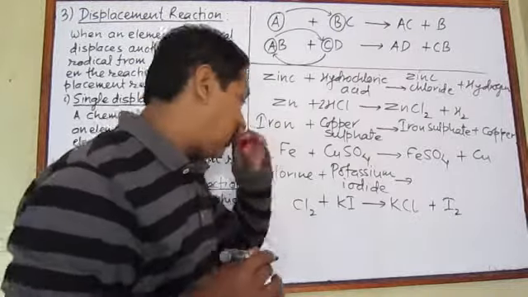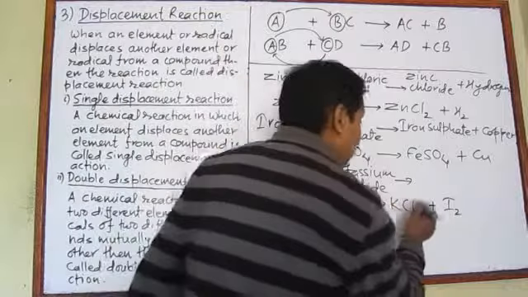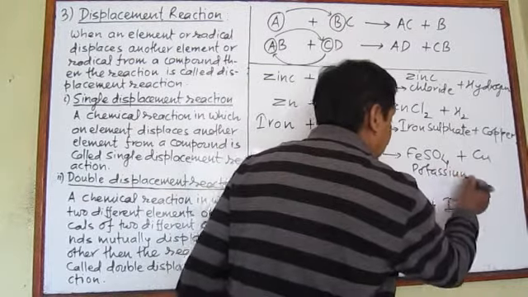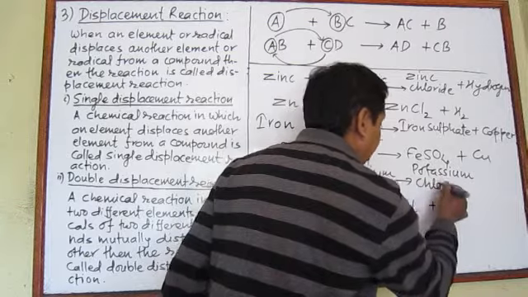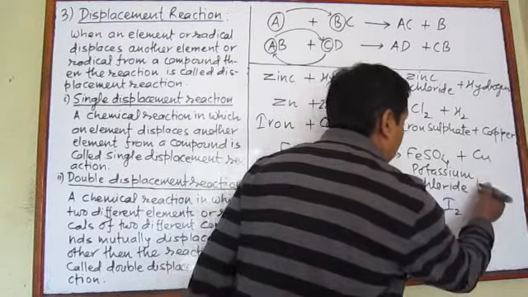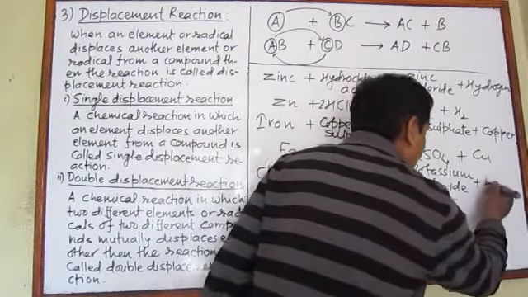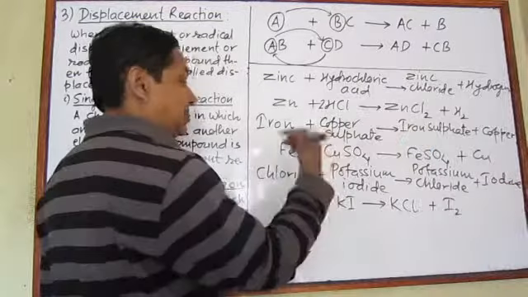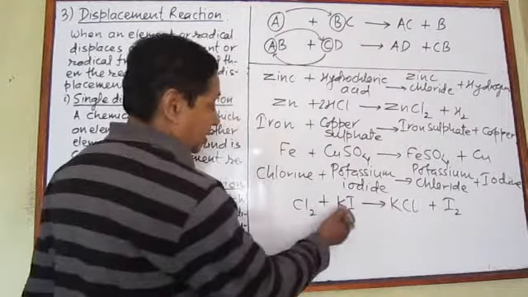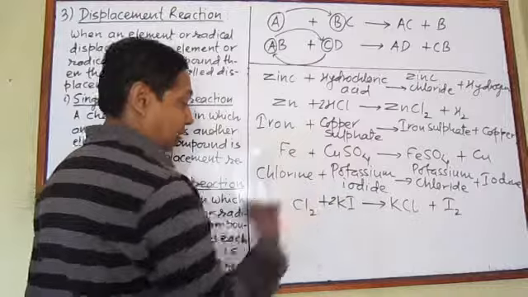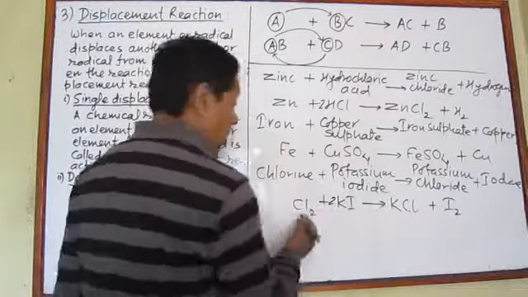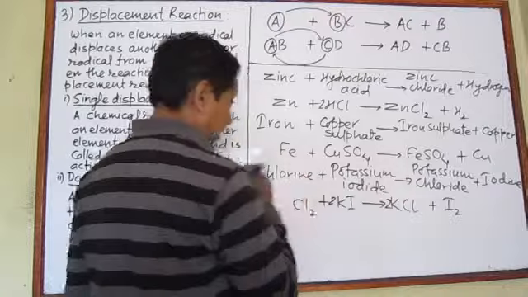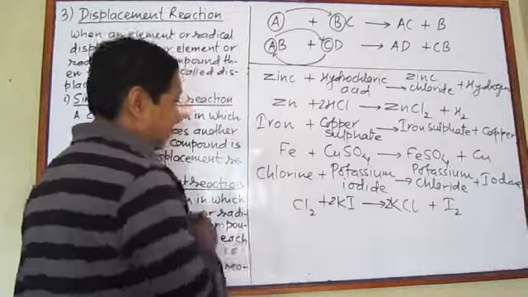Now the name of this compound is potassium chloride. Another product is iodine. Now let's balance the equation. Iodine 2, iodine 1, if we put here 2, iodine balances. Chlorine 1, chlorine 2, if I put here 2, chlorine balances, potassium 2, potassium 2. Thus this is a balanced chemical equation.